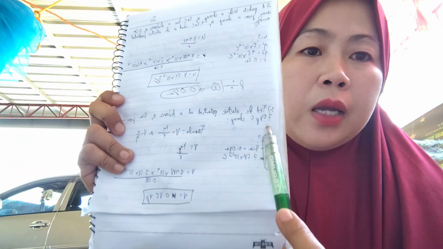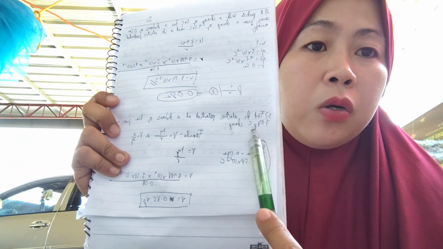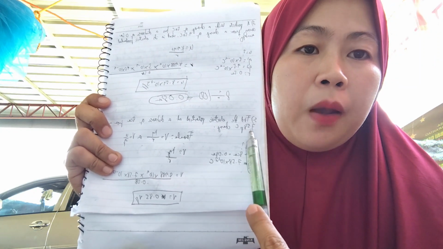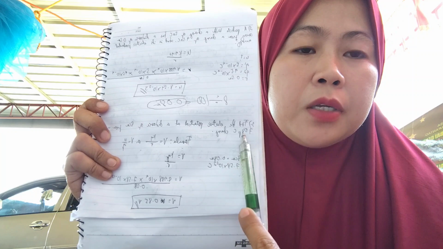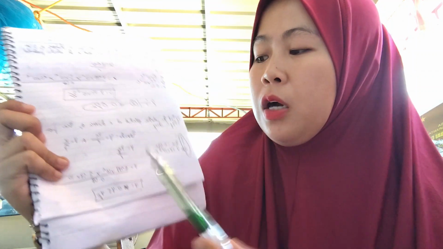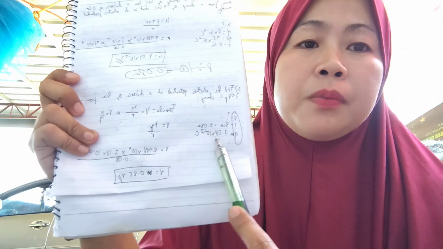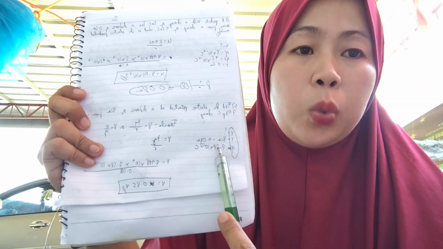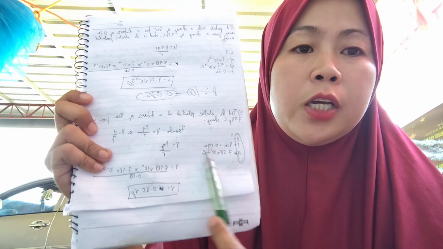Ganito yon, dito siya nanggaling, 7.58 picocoulomb. Kapag may nakita kayo na 7.58 picocoulomb, equivalent na siya ng times 10 raised to the power of negative 12 coulomb. So, ganyan na siya.